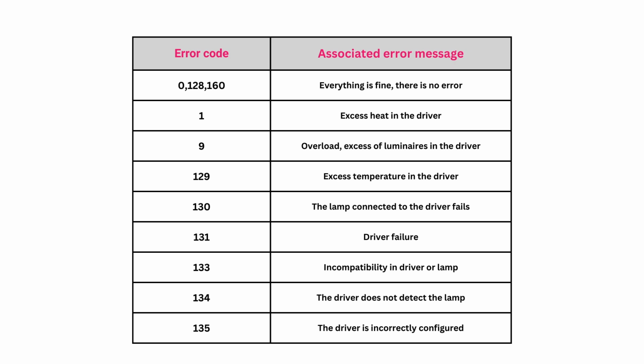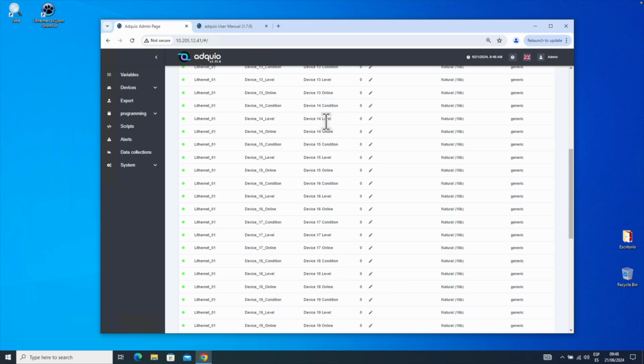And then we have all the error codes that this Casambi network can return: overvoltage, overheating, misconfiguration, excessive consumption, because we have connected too many luminaires to a single driver, etc. So, by working with these variables, online and condition, we will be able to fully manage the integrity of our Casambi networks.